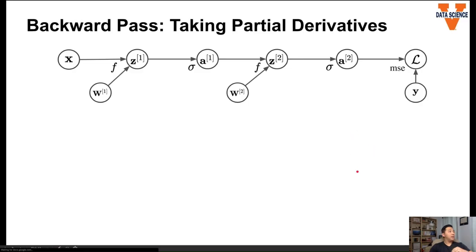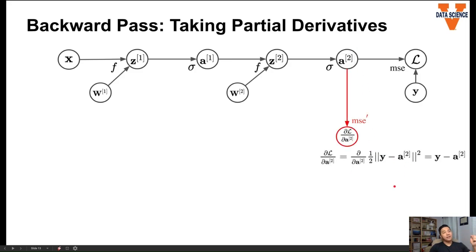So far, so good. Now, the backward pass is slightly more complicated because you have to take the partial derivatives, right? What you can think about here is, for each step, I want to measure how a change of the current node affects the node after it, right? So for A2 here, I want to calculate how A2 affects the loss function, right?